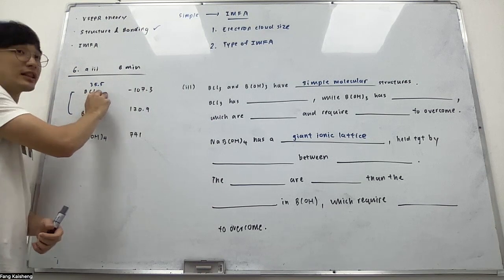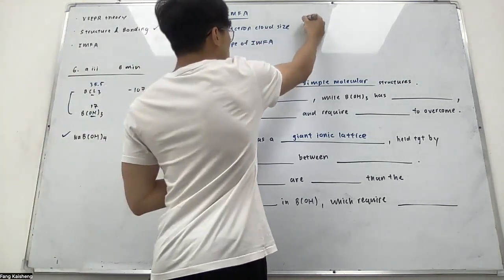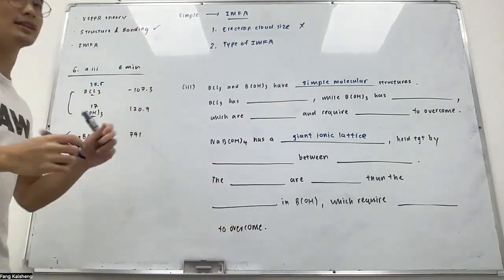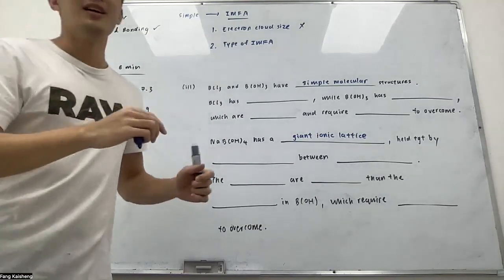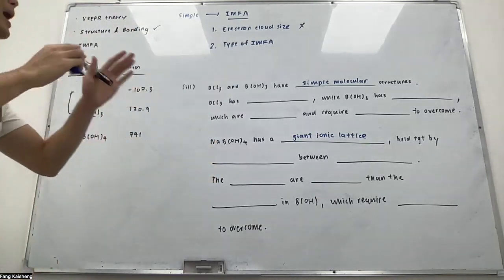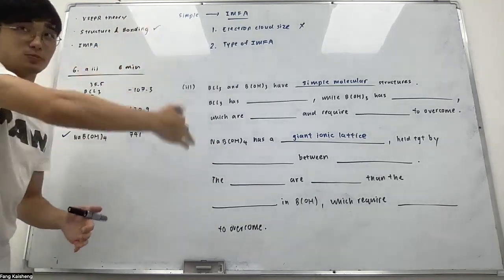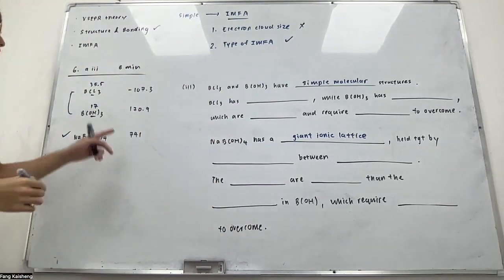But does this fit the data that is given? No. So we cannot use electron cloud size in this question, not because the sizes are similar, but because it doesn't explain the question. So we are only left with the other choice, which is the type.